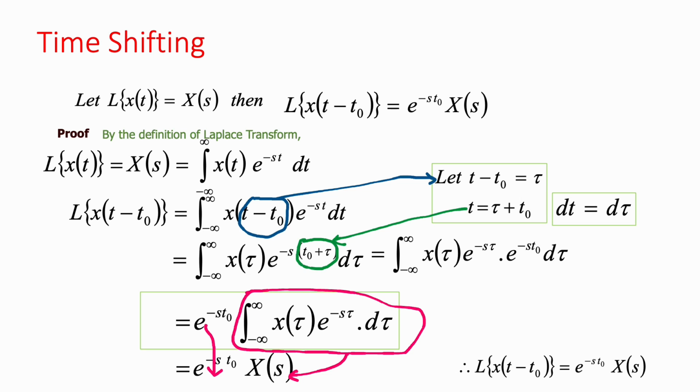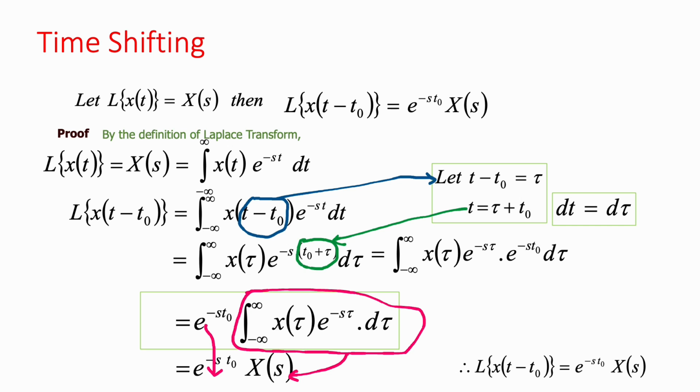Now in this formula, t minus t naught can be replaced by tau, and e power minus s t is replaced by e power minus s into tau plus t naught, and dt can be replaced by d tau.